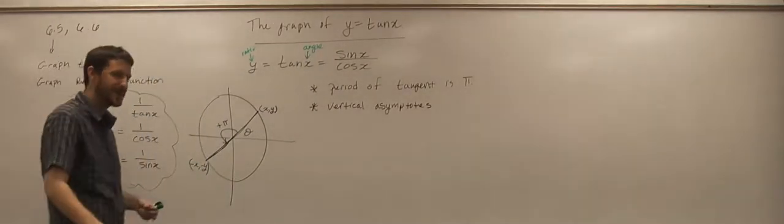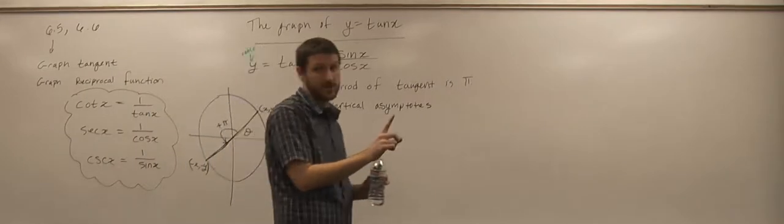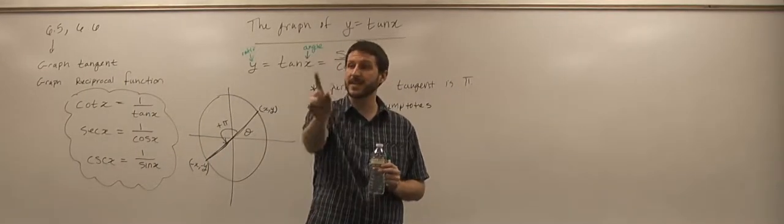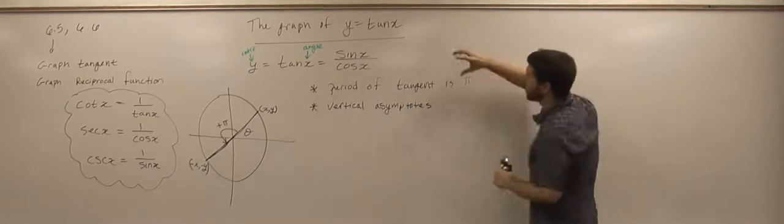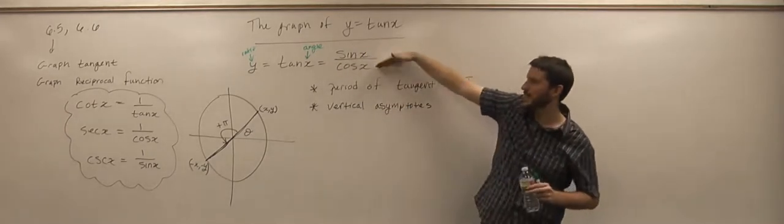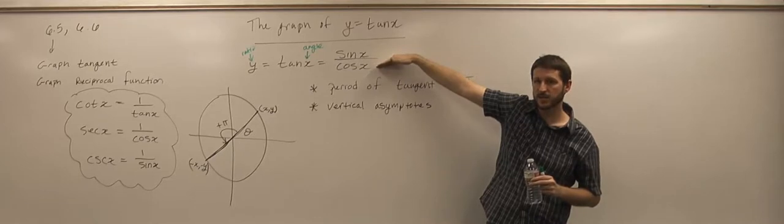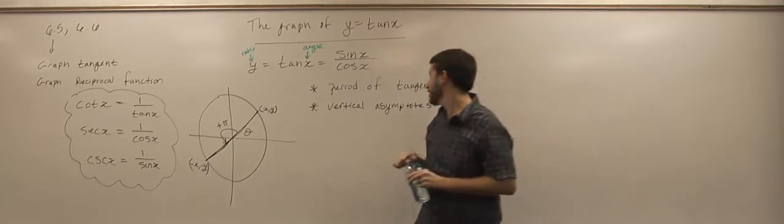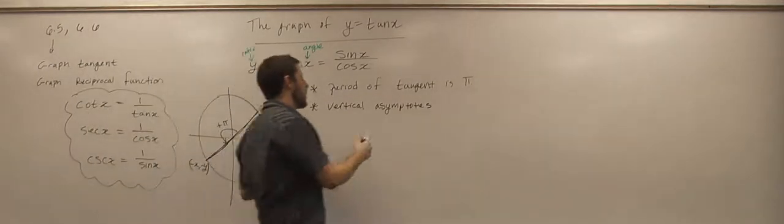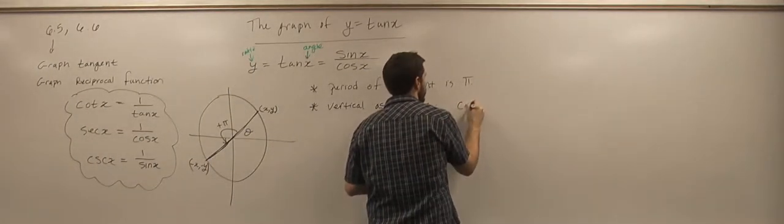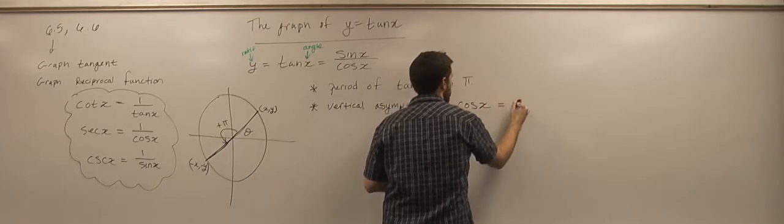Set the denominator to 0. That's vertical asymptotes. So to understand the vertical asymptotes of tangent, we have to take this denominator and set it equal to 0. So I'm going to have to figure out where cosine of x is equal to 0.